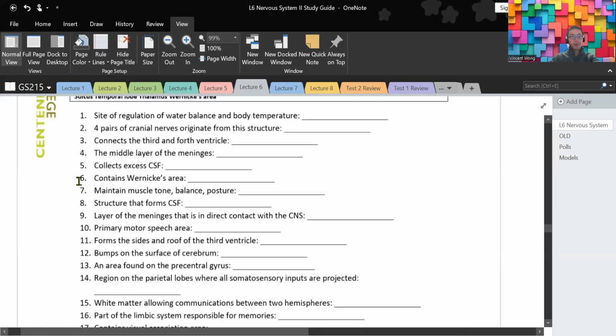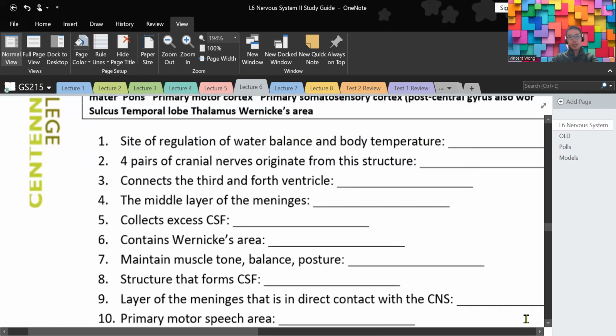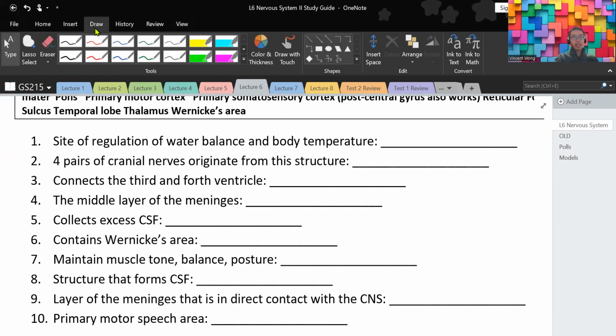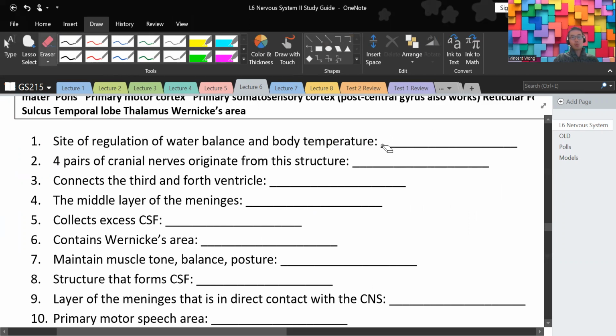All right. Let's go through these. Site of water balance and body temperature, that would be the hypothalamus. Okay, we first learned about hypothalamus in lecture 3 when we talked about fever.